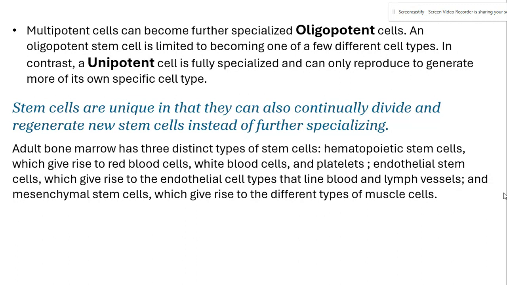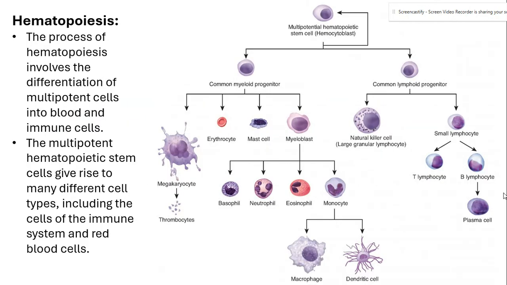Hemat is blood, which give rise to RBC, WBC, and platelets, right? Endothelial stem cells, which give rise to endothelial cell types that line blood and lymph vessels, right? And mesenchymal stem cells, which give rise to different types of muscle cells.